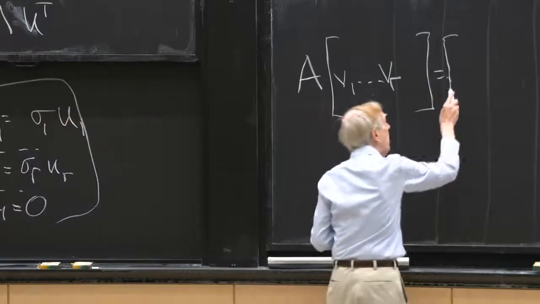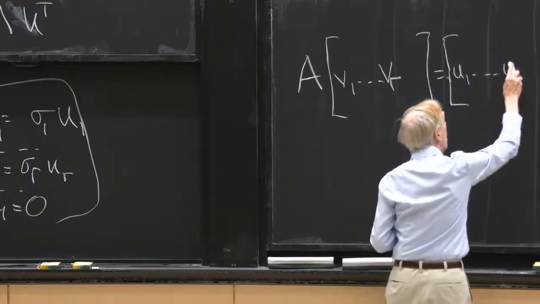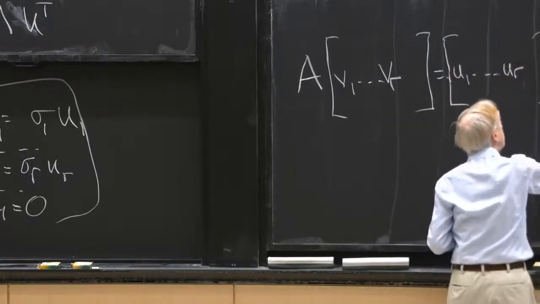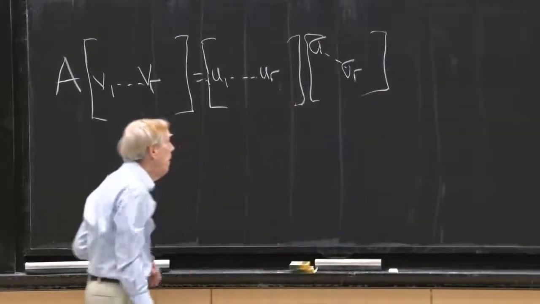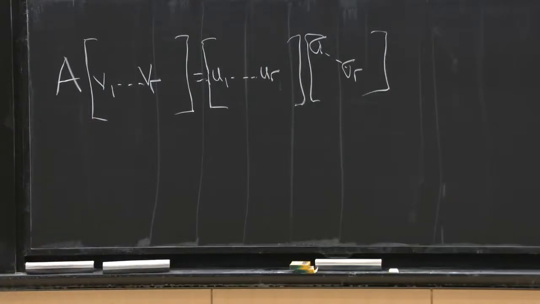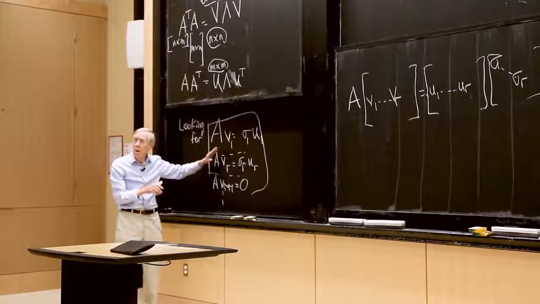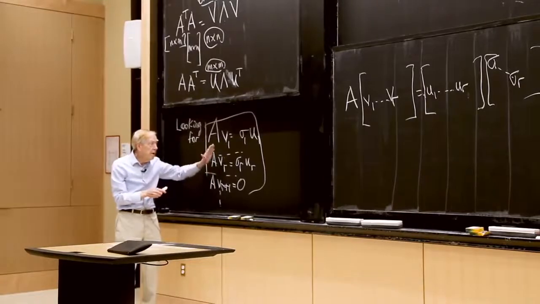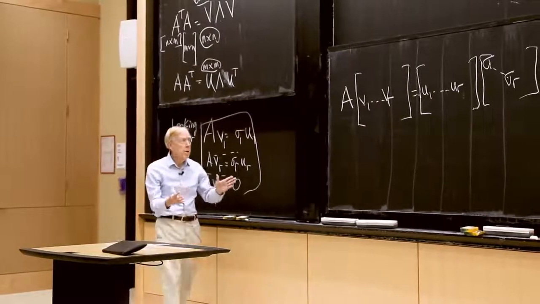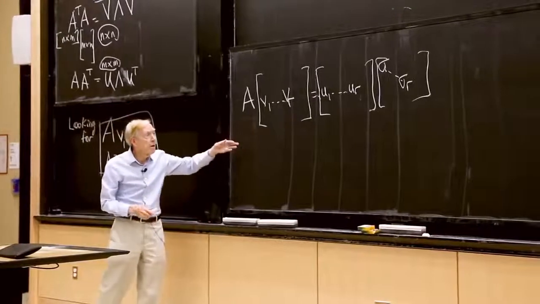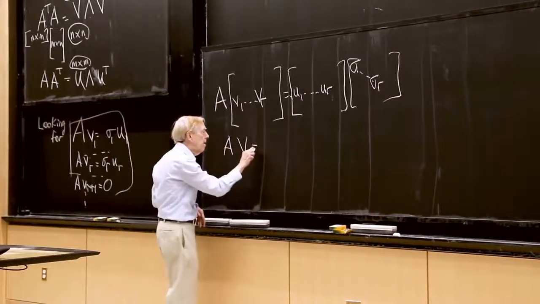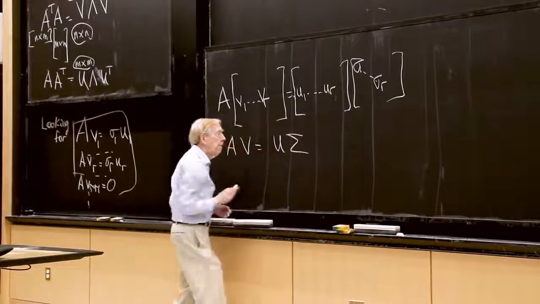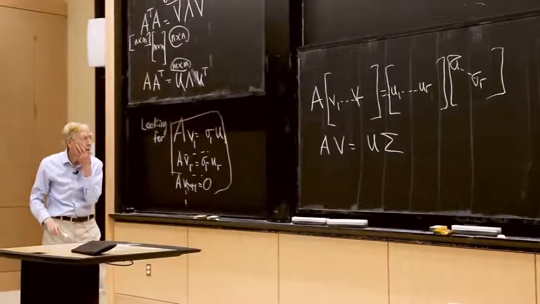So this is what I'm after: U1 up to UR multiplied by sigma 1 along to sigma R. What I'm doing now is converting these individual singular vectors, each V going into a U, to putting them all together into a matrix. And of course, what I've written here is AV equals U sigma. That's what that amounts to.